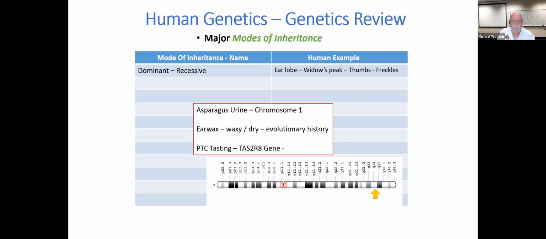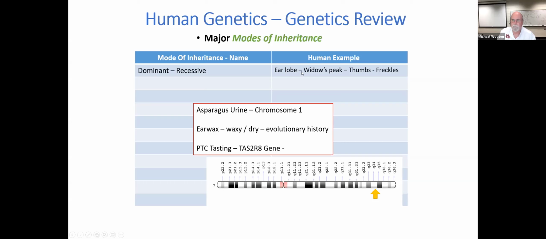If you wander around Funchess Hall and some of the other chemistry labs around campus, you may in fact smell it. Oh, this is a terrible smell in the hall, because it just takes a tiny amount. And if you open it outside of the hood, it's not going to hurt you, but it really, really stinks. But apparently the excretion of that is done by a gene on chromosome 1. And there do seem to be secretors and non-secretors in a mostly dominant recessive mode.